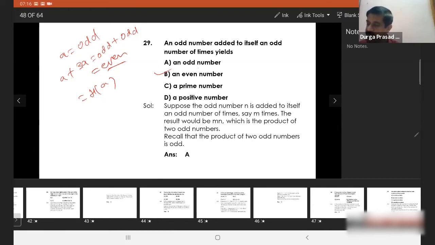So you'll get even. So option is B. This is B. Right, children? So let us go to the next question.